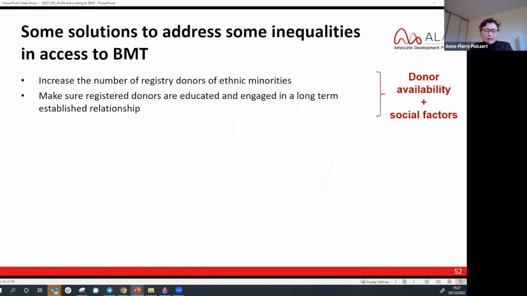So we really have to, as much as possible, target the awareness campaigns and the donor drives on those communities that are underserved.